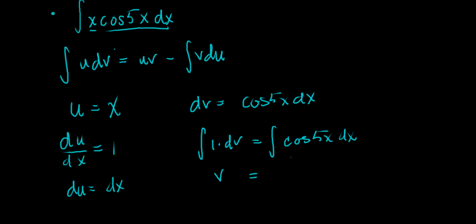So how do we take the integral of cosine of 5x? Well, we have to think sort of in reverse. If we're taking the integral, we're basically asking what function did we take the derivative of to get cosine of 5x? Well, we know that if we differentiate the function sine of 5x, we'll get cosine of 5x times 5.